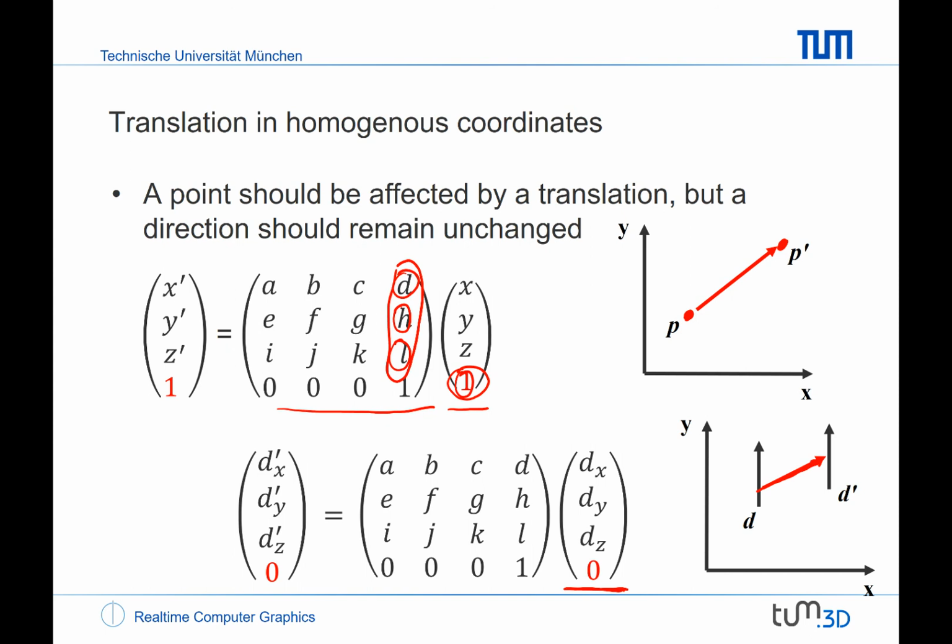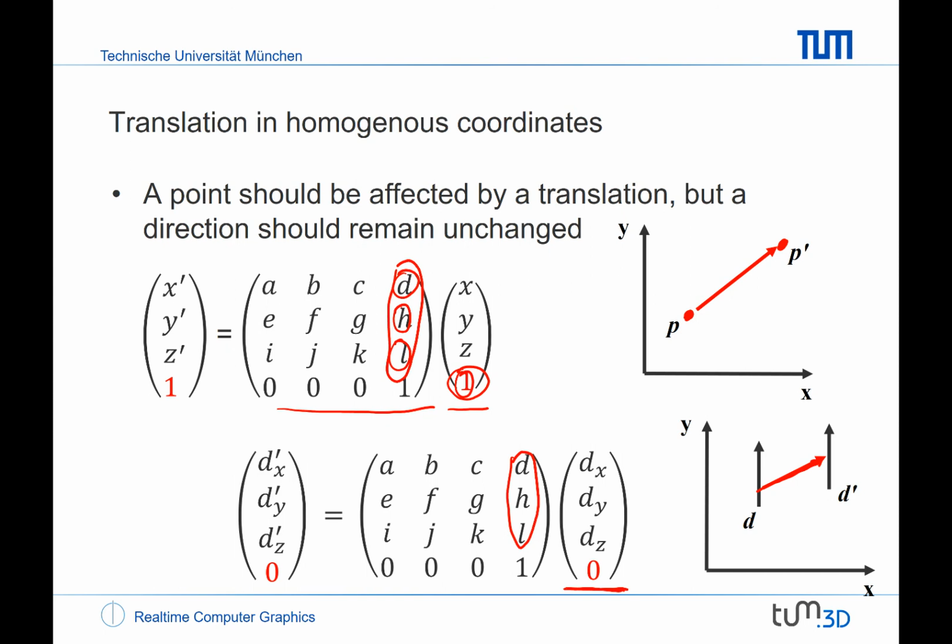Meaning that if you let a directional quantity be multiplied by such a 4x4 transformation matrix, where you have in these three components the translational components, then these components should have no effect on a directional quantity.